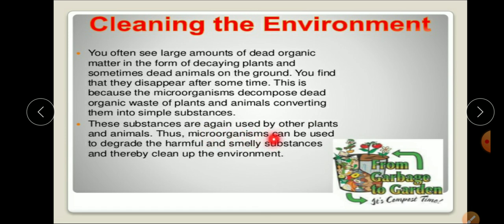Thus, these microorganisms can be used to degrade the harmful and smelly substances and thereby clean up the environment. So this you can see in the figure, from garbage to garden. All the garbage takes time to decompose, and then again it goes to the garden. Understood? So this is how the microbes help to release the nutrients in the process, and they can be used by the plants again. Understood?